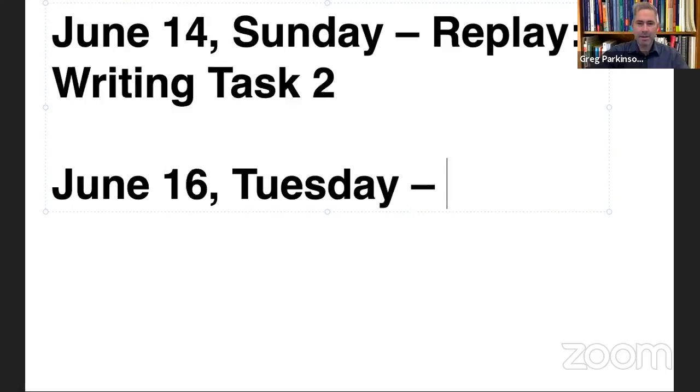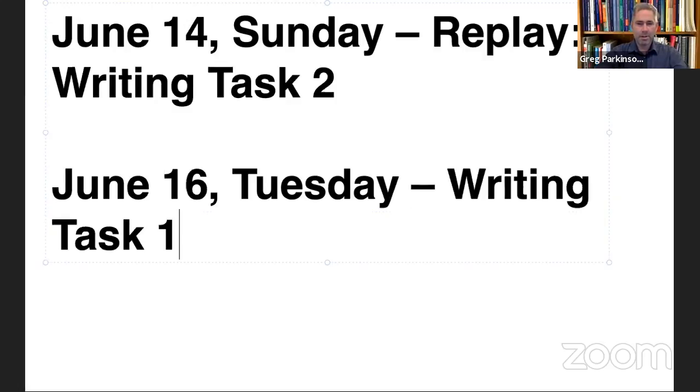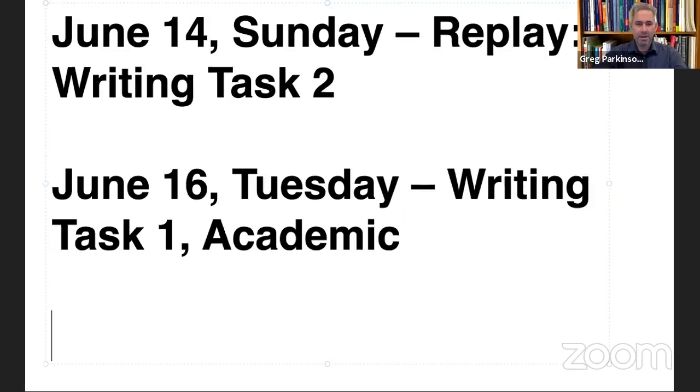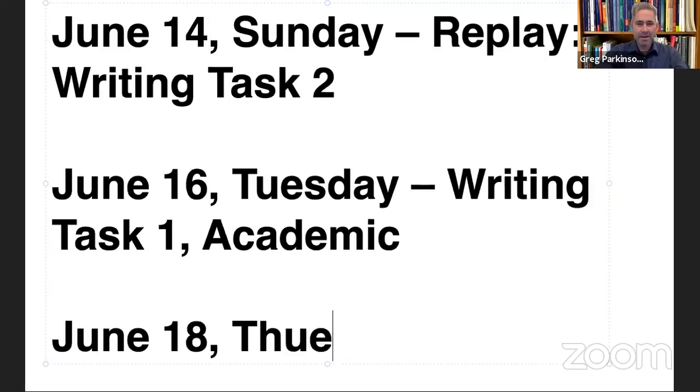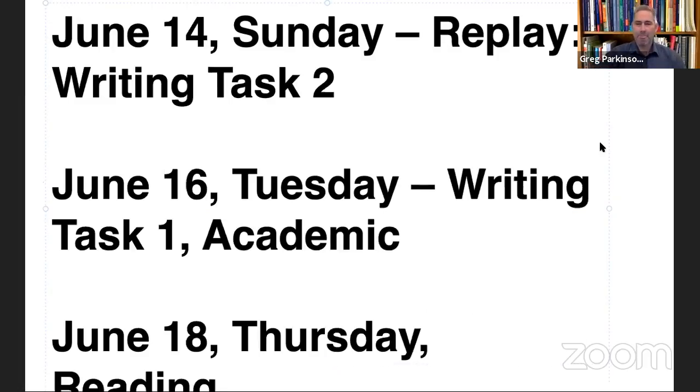And next Tuesday, it's going to be writing task 1. And it's going to be the academic test. And then finally, for grade subscribers, next Thursday, we are going to look at, what have we got next Thursday? Reading. So that'll be academic, right?